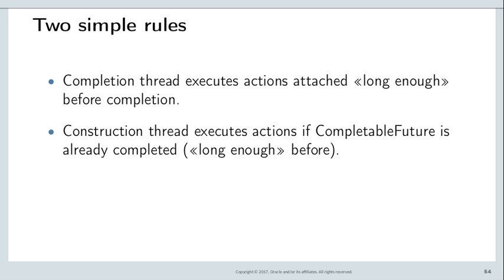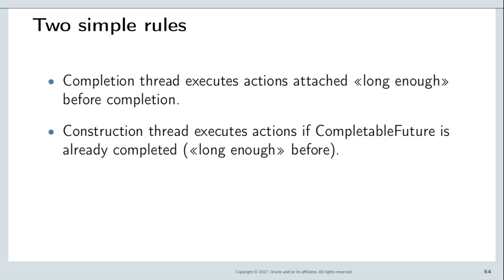There are two simple rules. If we are chaining actions to an already completed future, that action will be executed immediately at the point of construction, and it will be executed in the construction thread.